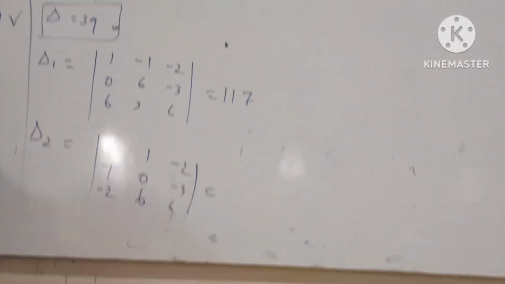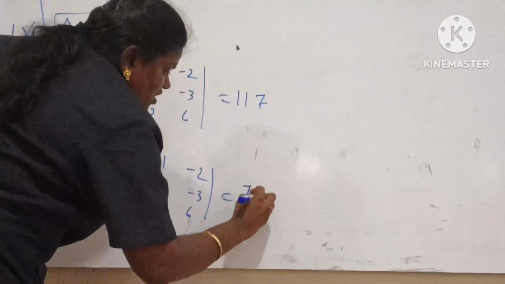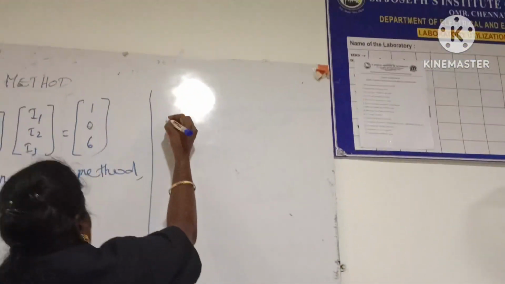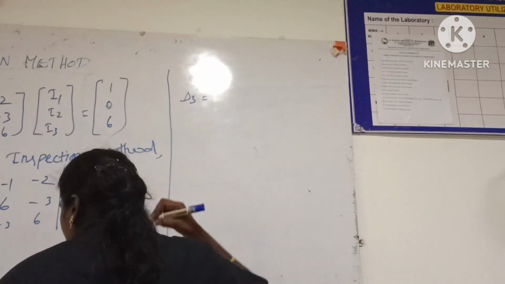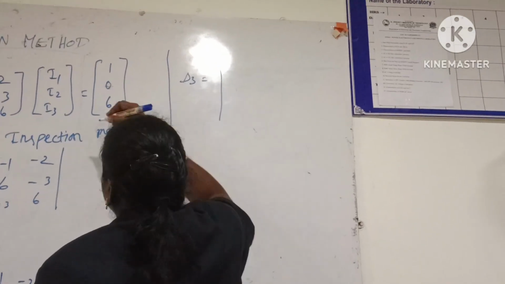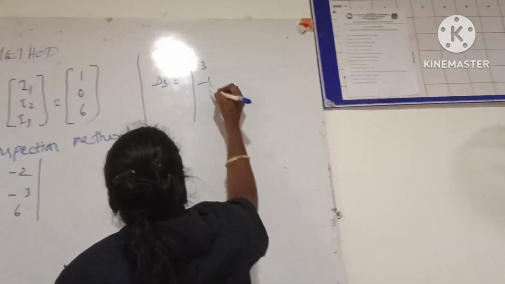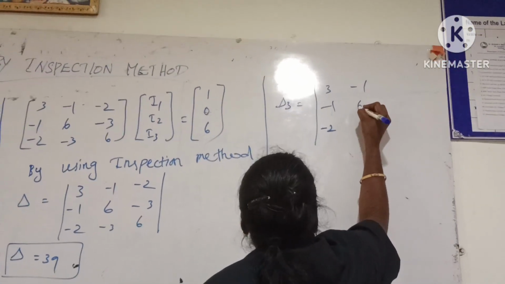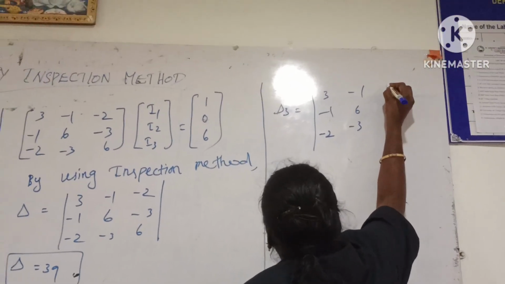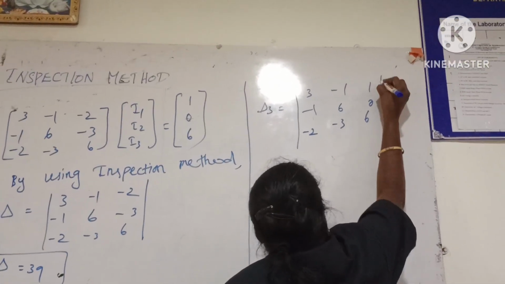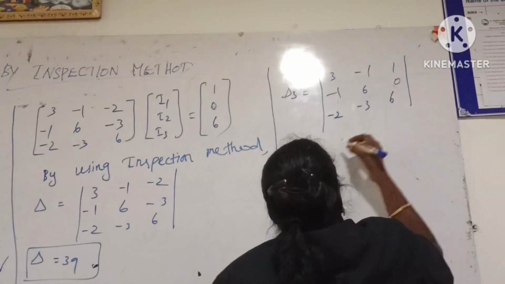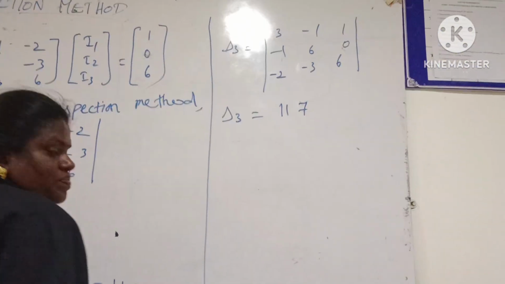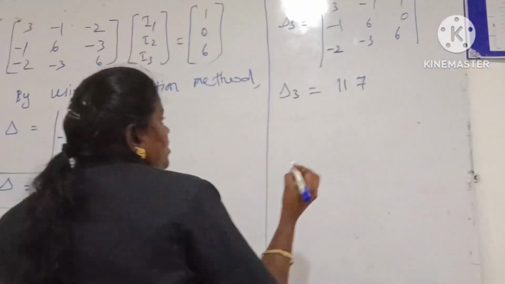So the del 2 value is 17. Next, del 3 is 3, minus 1, minus 2, minus 1, 6, minus 3 and 1, 0, 6. So the del 3 value is 117.